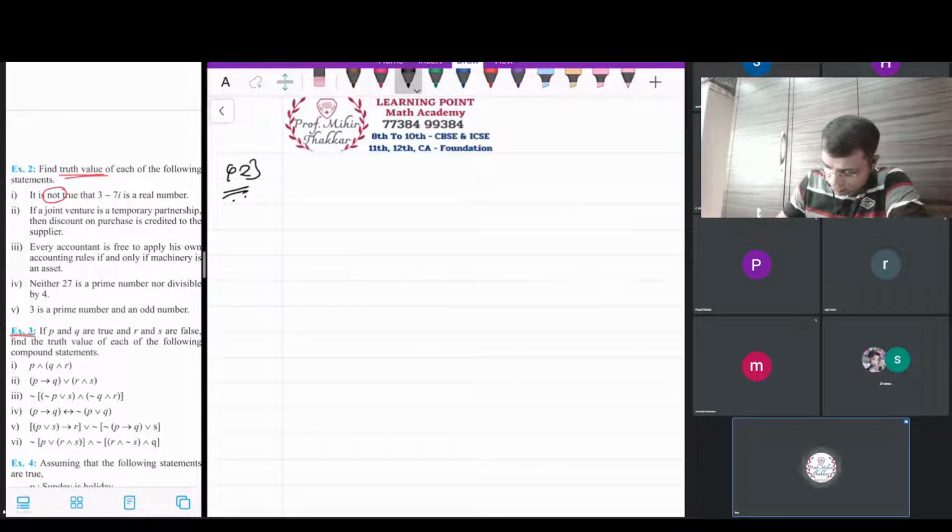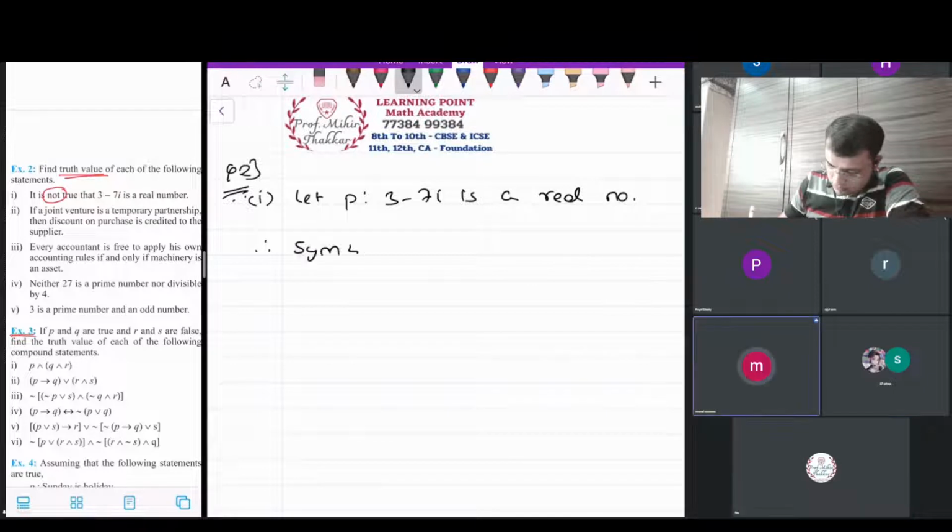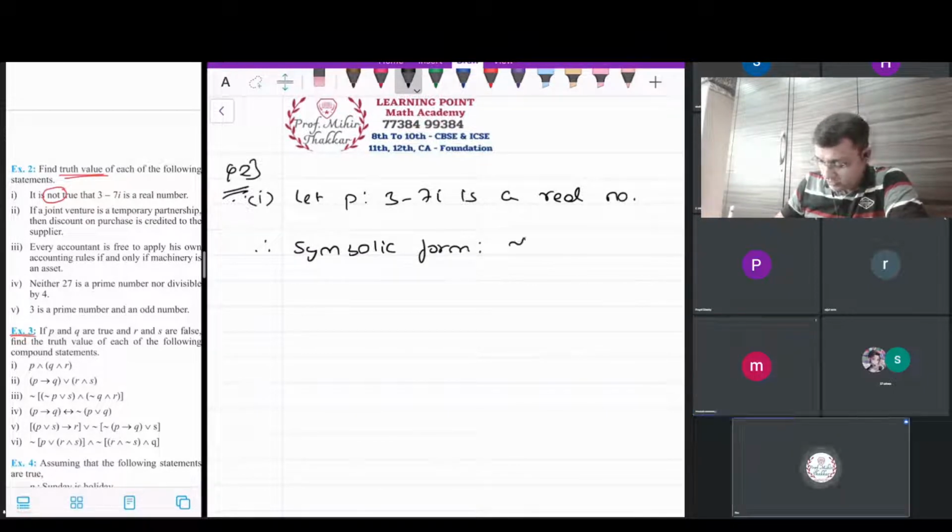I will consider over here that let P denote 3 minus 7i is a real number. So if I consider this, what should be the symbolic form over here? Yes, perfect. Symbolic form of the given statement is negation of P.